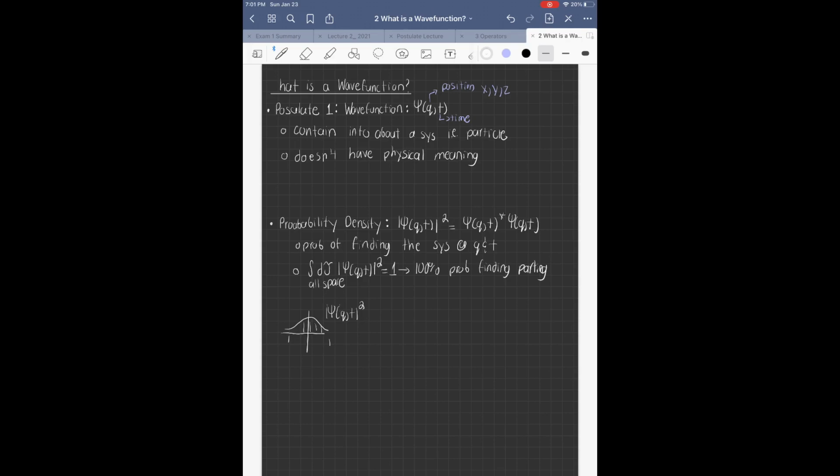Also, probability can be between 0 and 1, so between 0% and 100%.